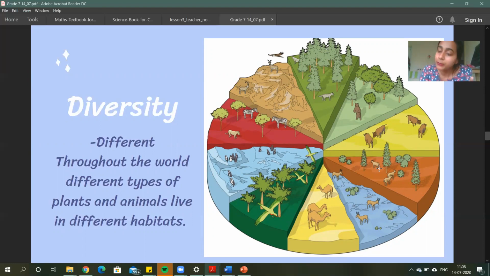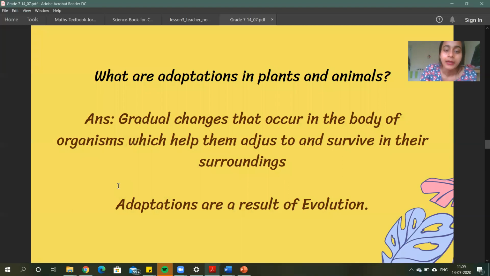A cactus will usually be found in the desert. You will not find a camel in a place where there is snow. If you go to Antarctica, you're not going to see a camel. But in Antarctica you can see a polar bear. Will that polar bear survive in a desert area? No, right? So there is a lot of diversity throughout the world.